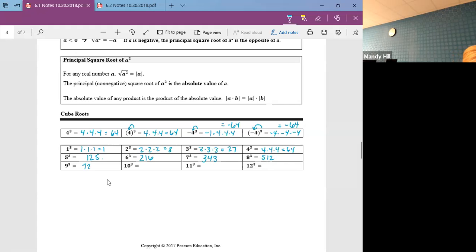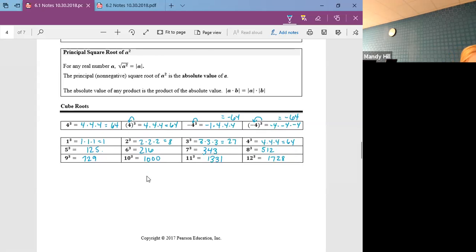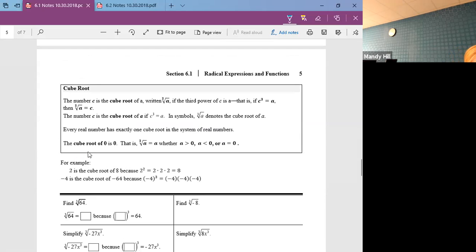This is 729. This is 1,000. And 12 to the third power ends up being 1,728. Okay, so the cube root of a is written with this little 3 up here.